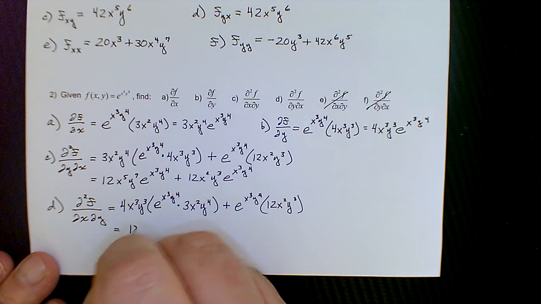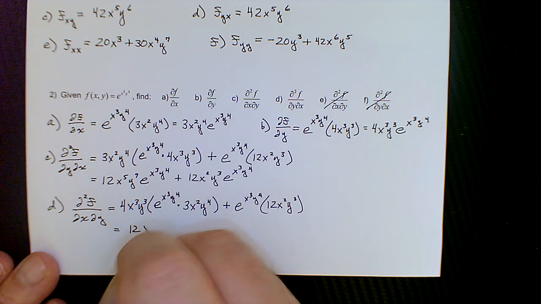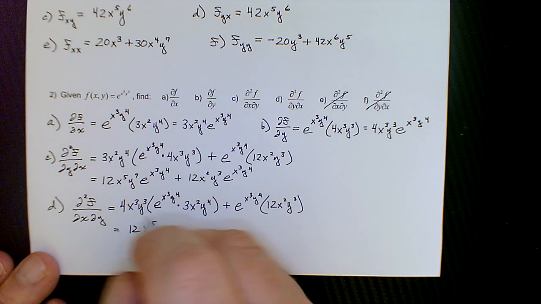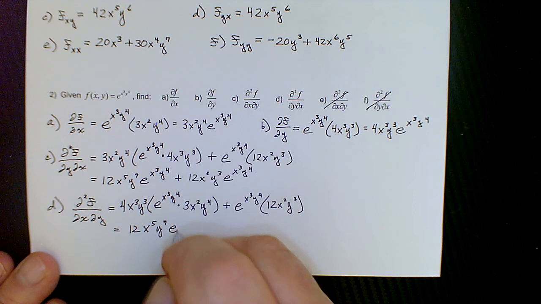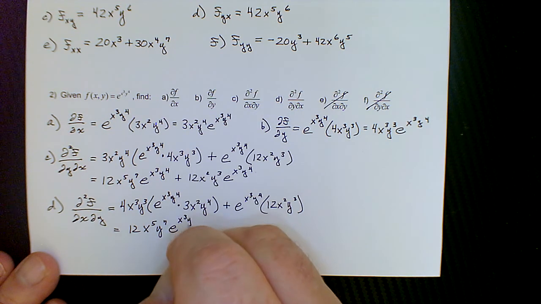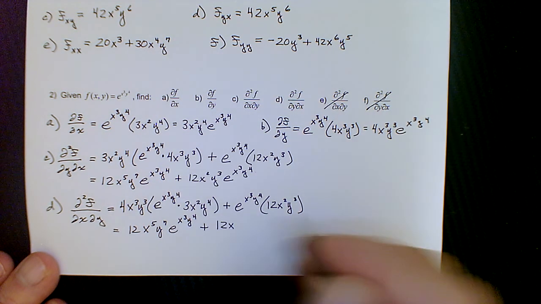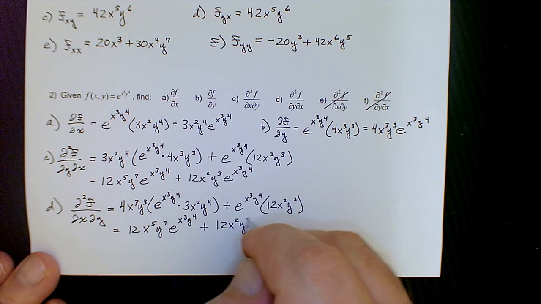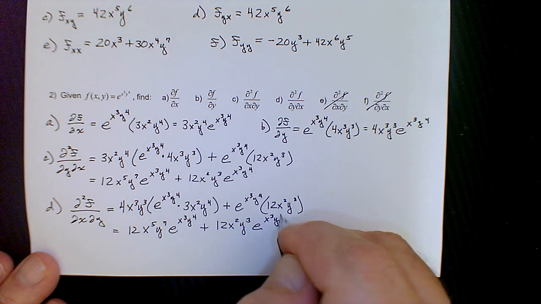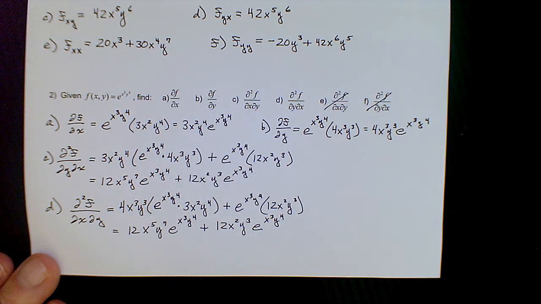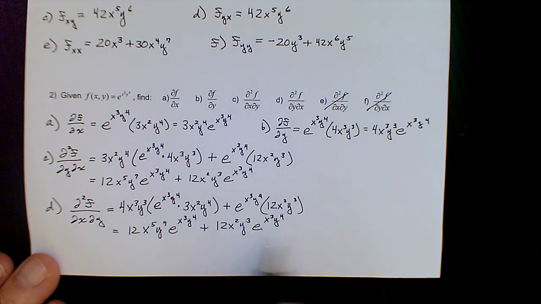And so that gives us 12. Here we've got x cubed times x squared, x to the 5th, y cubed, y to the 4th, y to the 7th, and then our e's, and then plus, let's bring this 12x squared y cubed out in front of the e to the x cubed y to the 4th. Okay, so you can see that, again, those mixed partials are equal.